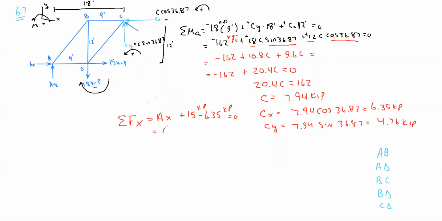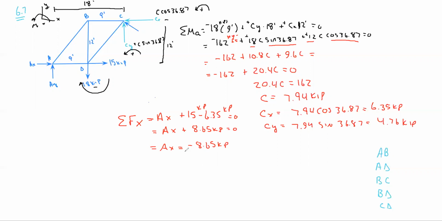That means we get AX plus 8.65 kips equal to 0. Subtract 8.65 from both sides. AX is equal to negative 8.65 kips.